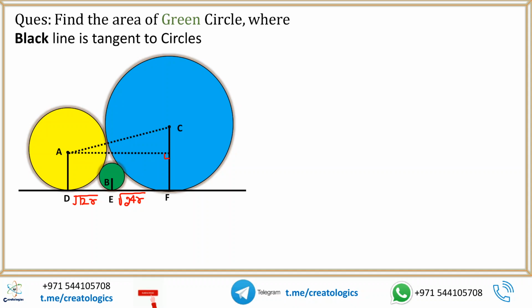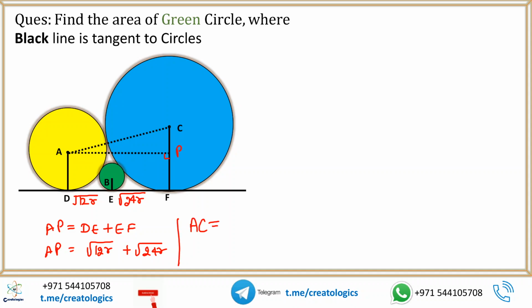As you know, this AP is the same as DE plus EF. So the value of AP is square root of 12r plus square root of 24r. Now what about AC? Actually AC is the hypotenuse.